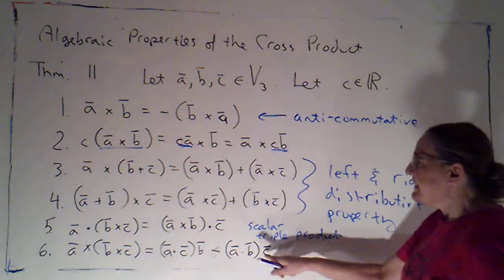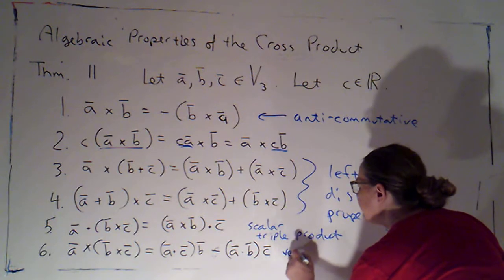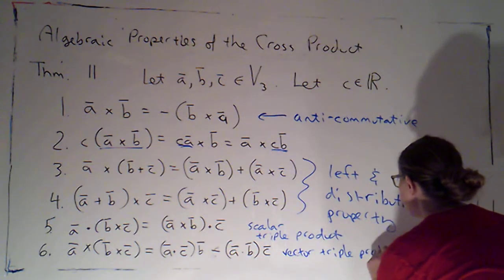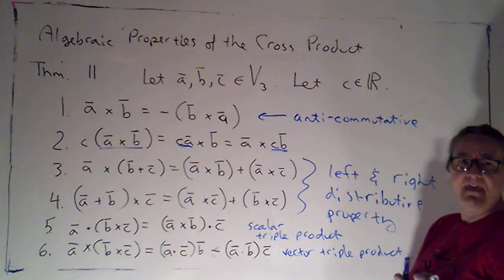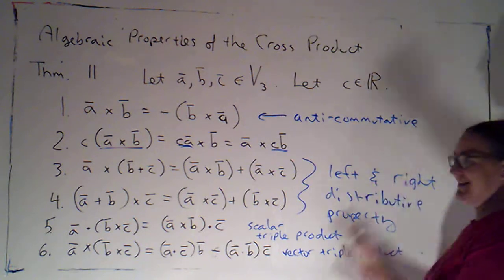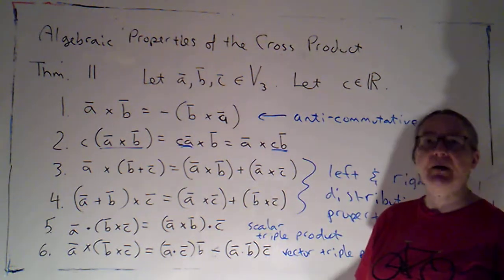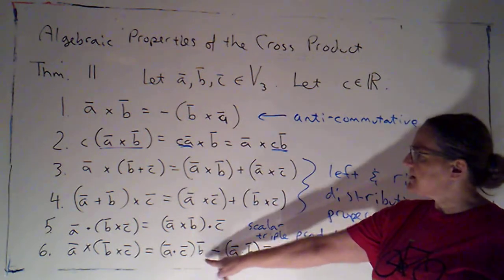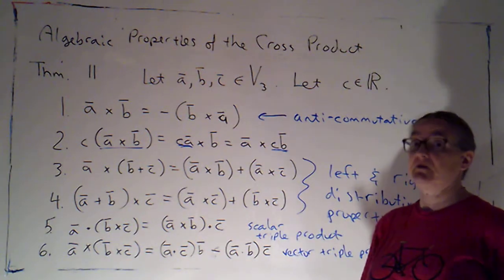Okay. Now, property 6 deals with the vector triple product. We're not going to be doing a whole lot of work with that, so I'm less concerned that you know this. It's true, it's stated, good to know, but not something that you need to worry about memorizing. The book's going to use this later on to prove Kepler's laws.